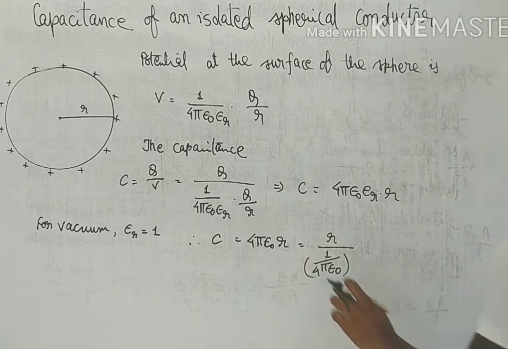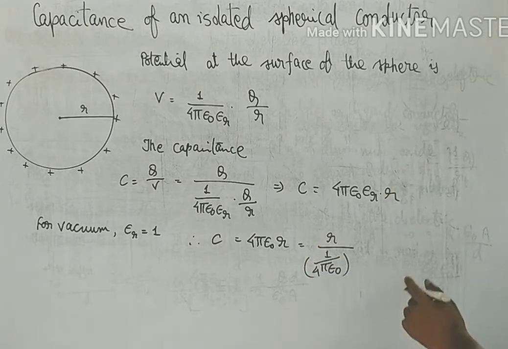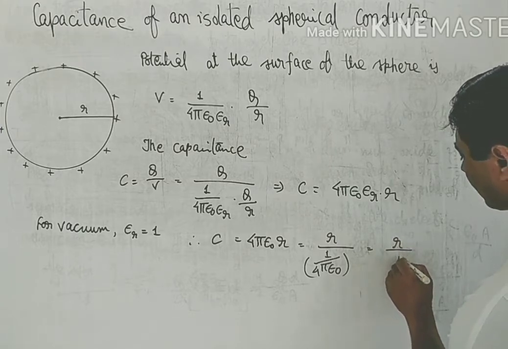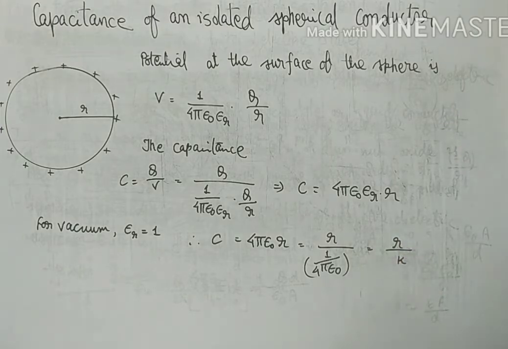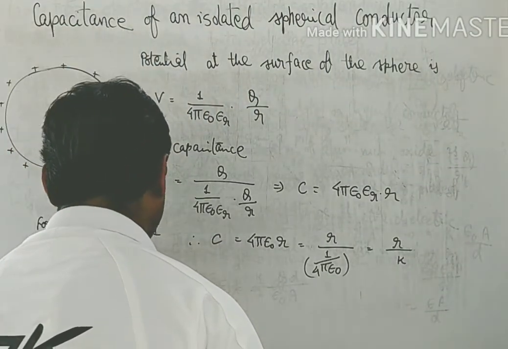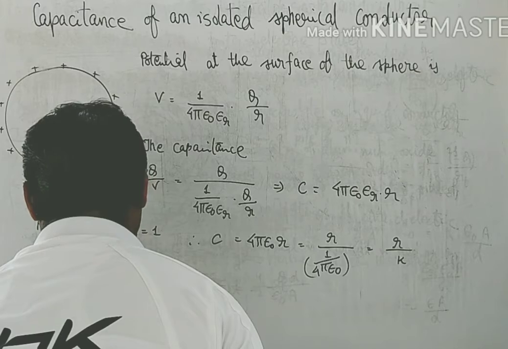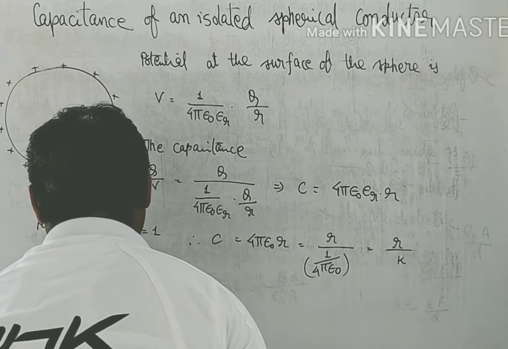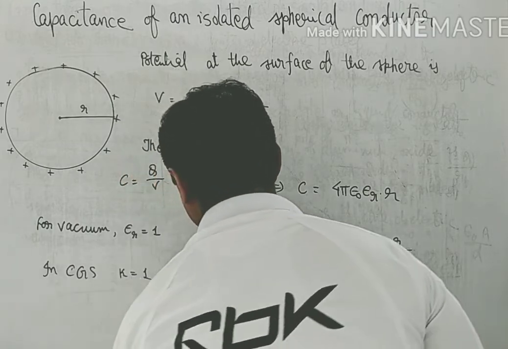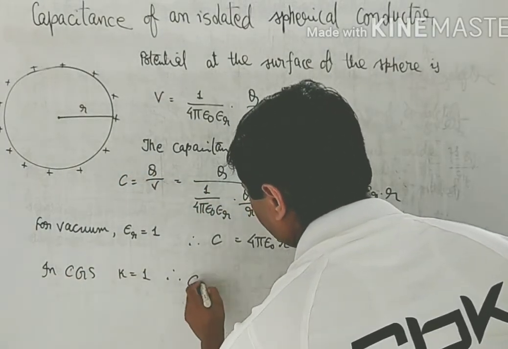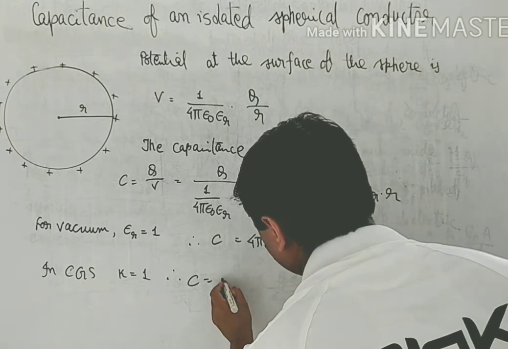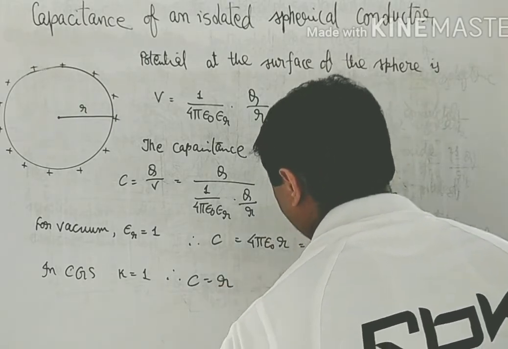So this 4 pi epsilon naught can be written as small k, so here you can write r upon small k. Further, in CGS, the value of small k is 1. Therefore, in the CGS medium, the capacitance of such a conductor is small r.